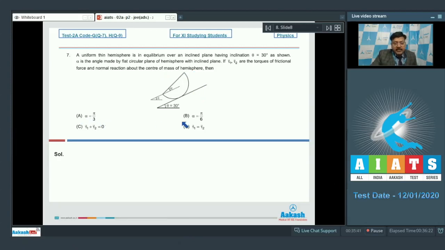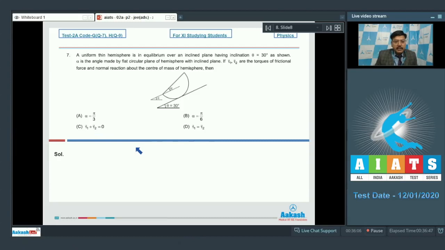Option A says alpha is pi by 3, option B says alpha is pi by 6, option C says vector tau 1 plus tau 2 is 0, and option D says vector tau 1 is equal to vector tau 2. Well, the body is in equilibrium. It has both translational equilibrium as well as rotational equilibrium, which means net torque about any point is 0.